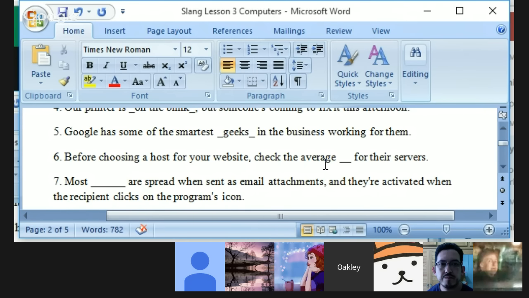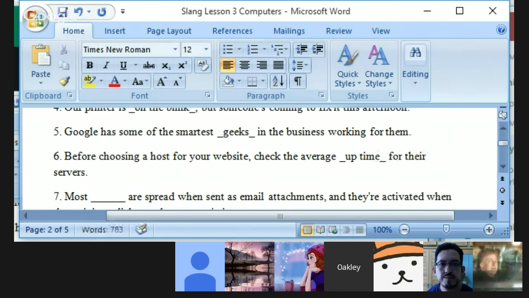So the opposite. Actually, I would normally say check the average downtime for their servers. But here I think they're looking for uptime. It would work either way, if it's either working or not working. So you can check the uptime for a server.